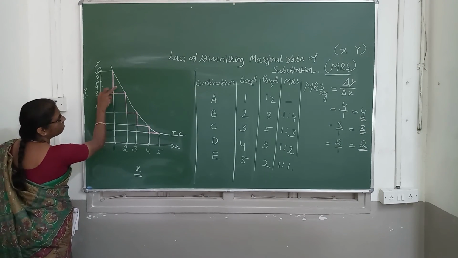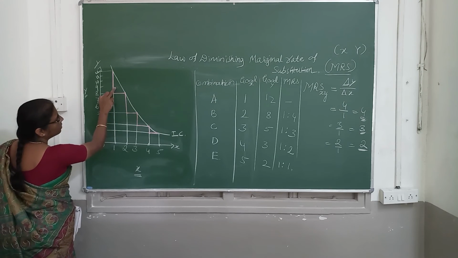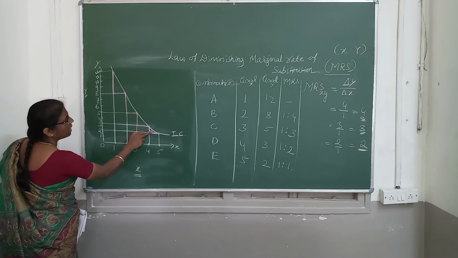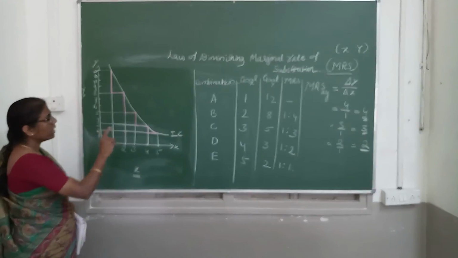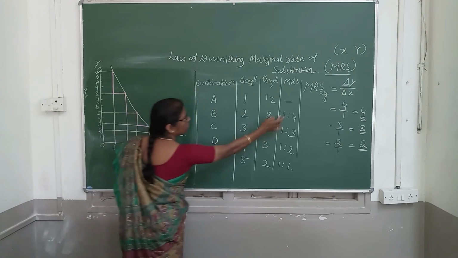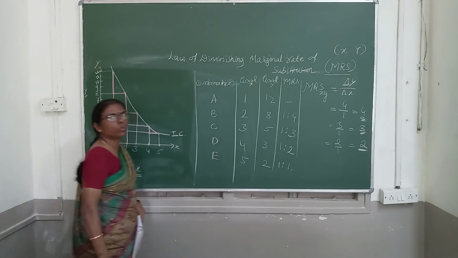See the area here? Here it is more, less, again it becomes lesser and again it becomes lesser. Why? It is because of the marginal rate of substitution.